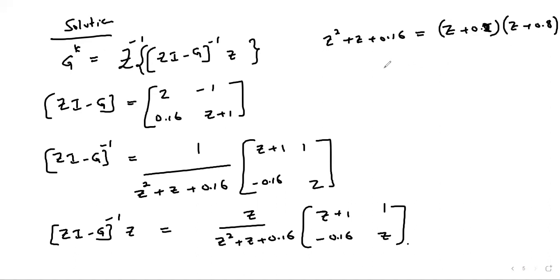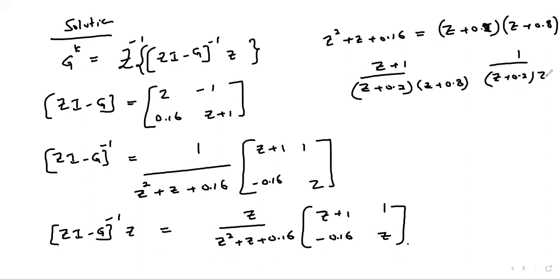That means we need to get the partial parts of (z+1) over (z+0.2)(z+0.8). Then we get the term 1 over (z+0.2)(z+0.8).